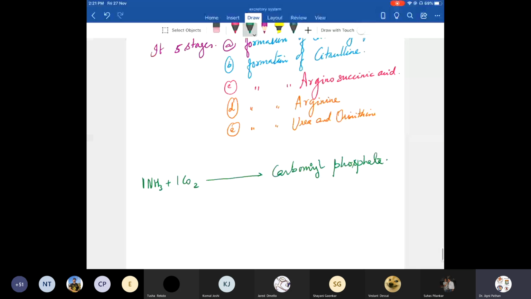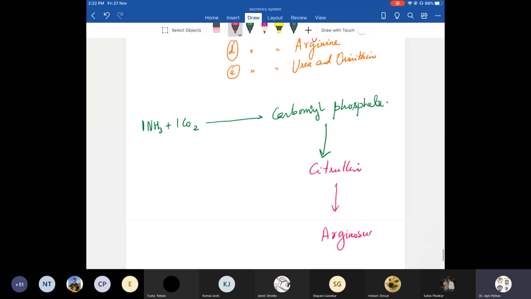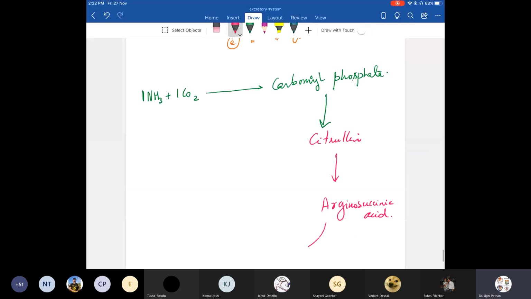Carbamyl phosphate will give you citrulline. Citrulline will give arginosuccinic acid.